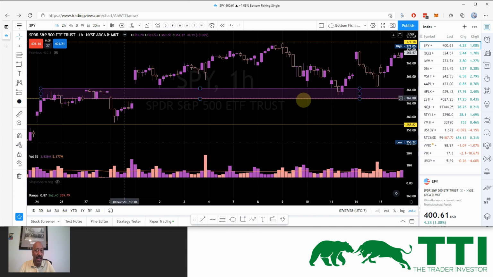When we get to that space here on the 11th at the open, 6:30 a.m. Pacific time, when the market opened on the 11th, we tagged that zone and I'm exiting. I'm not waiting to go all the way down.